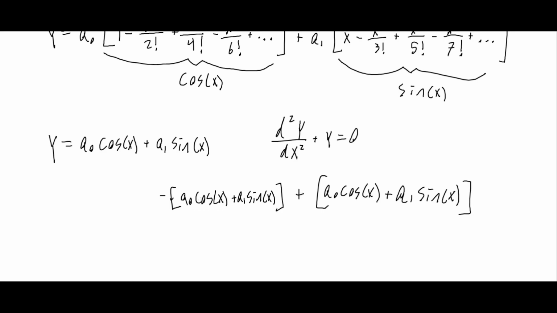So plus, and if you take the second derivative of cosine with respect to x, you end up with minus cosine of x. And if you take the second derivative of sine with respect to x, you get minus sine of x.